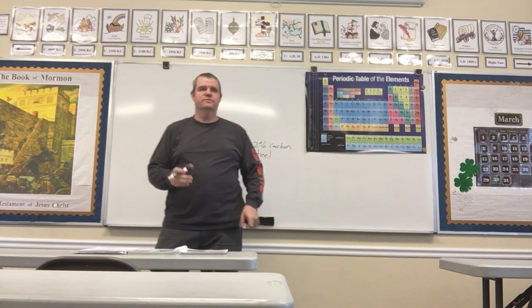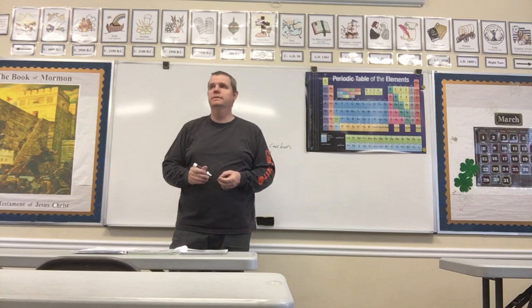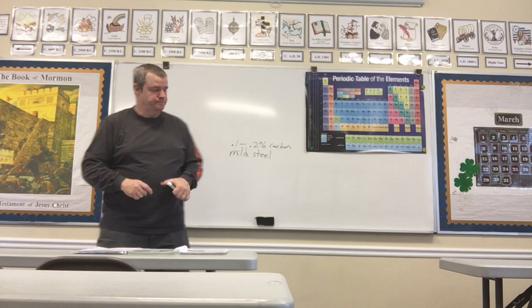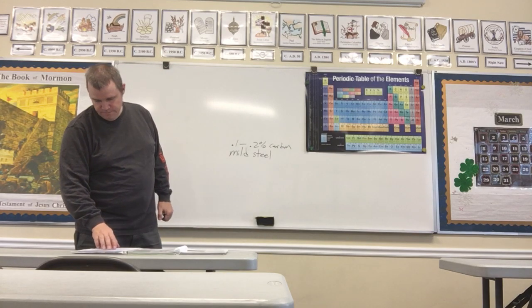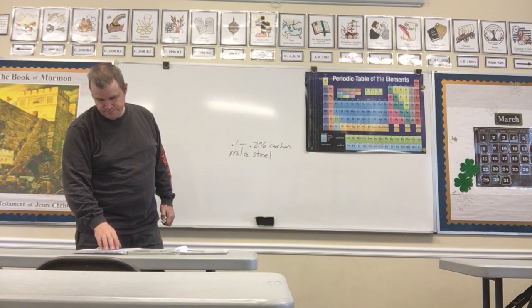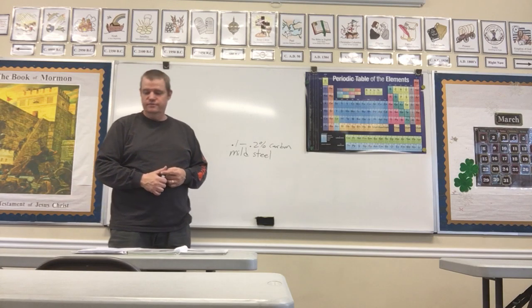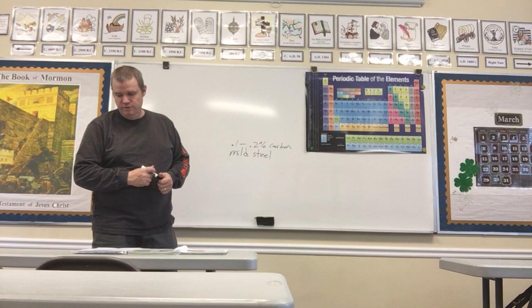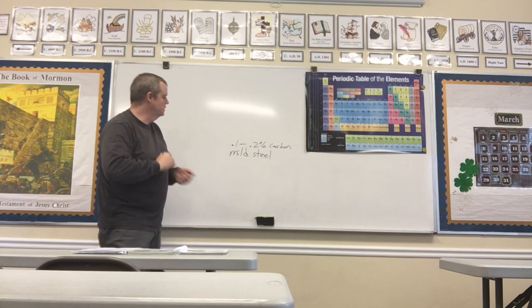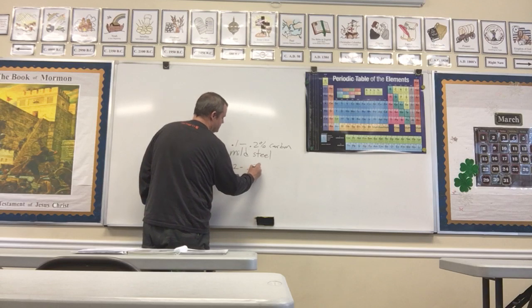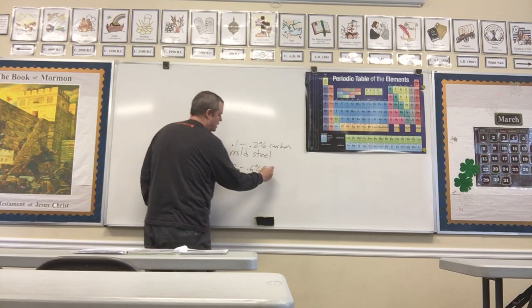Mild steel is used for all kinds of things like pipe, wire. Those are two of the most common uses for mild steel. And then you've got medium steel, which would be 0.2 to 0.6% carbon.